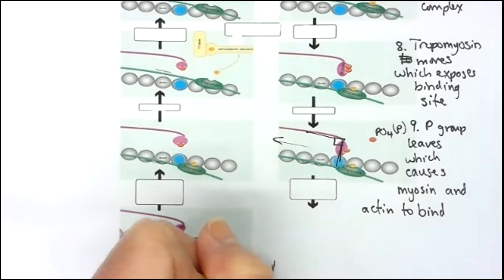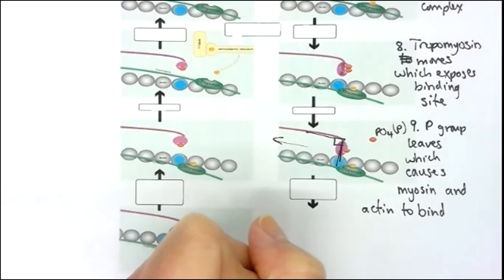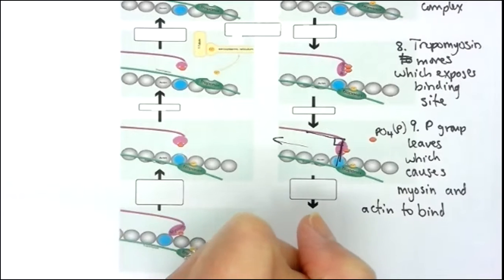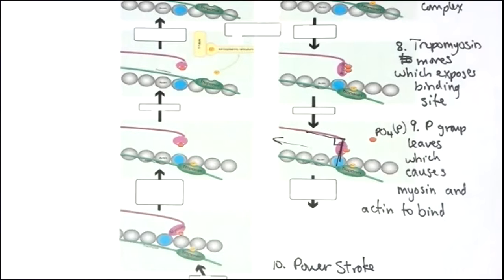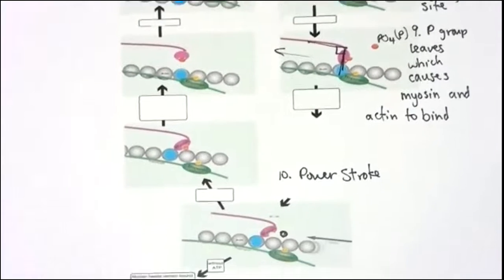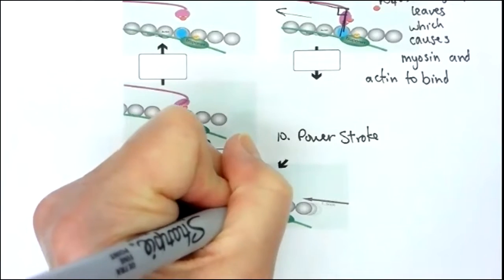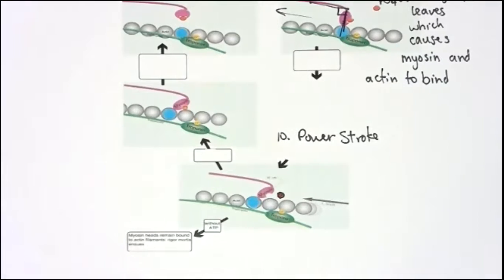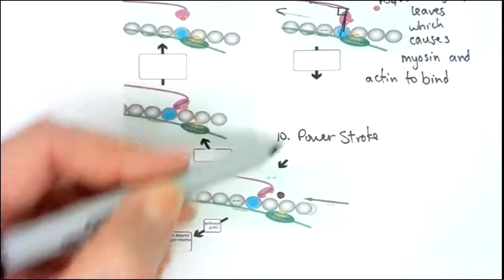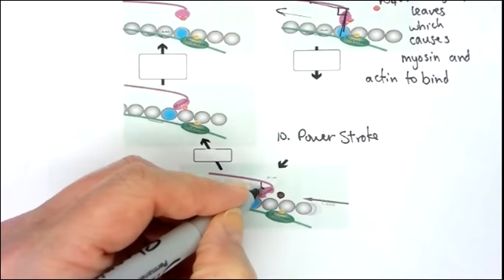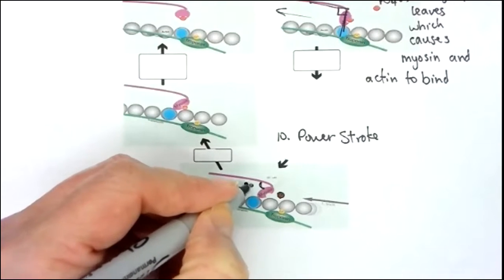Step 10 is called the power stroke. This is where we actually move. So we go from this 90-degree position to this angle of like 20 or 30.